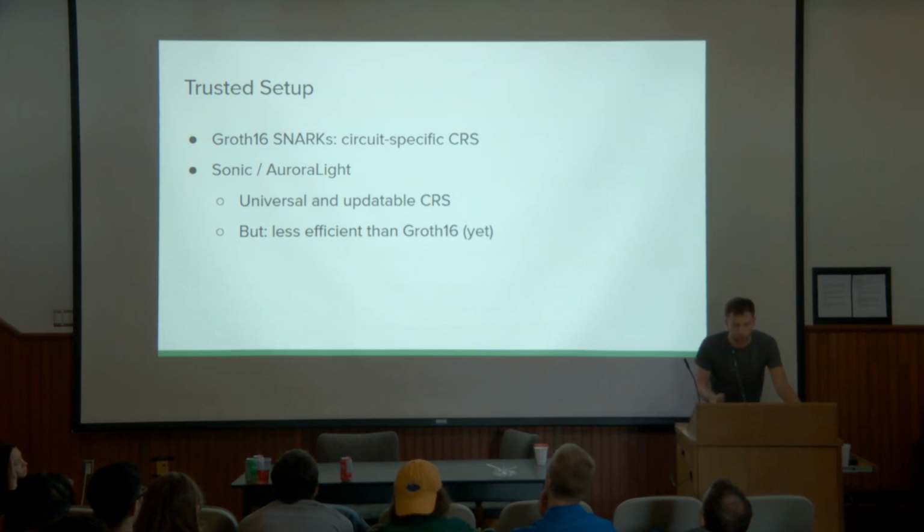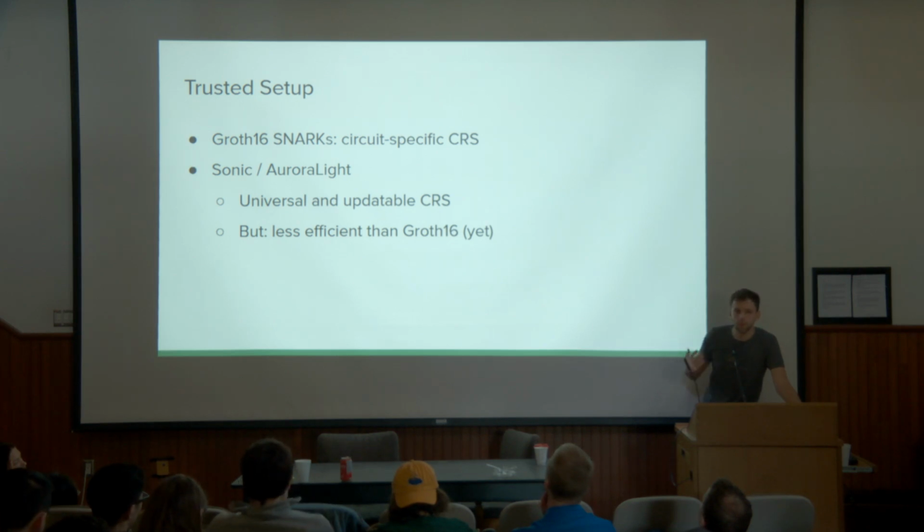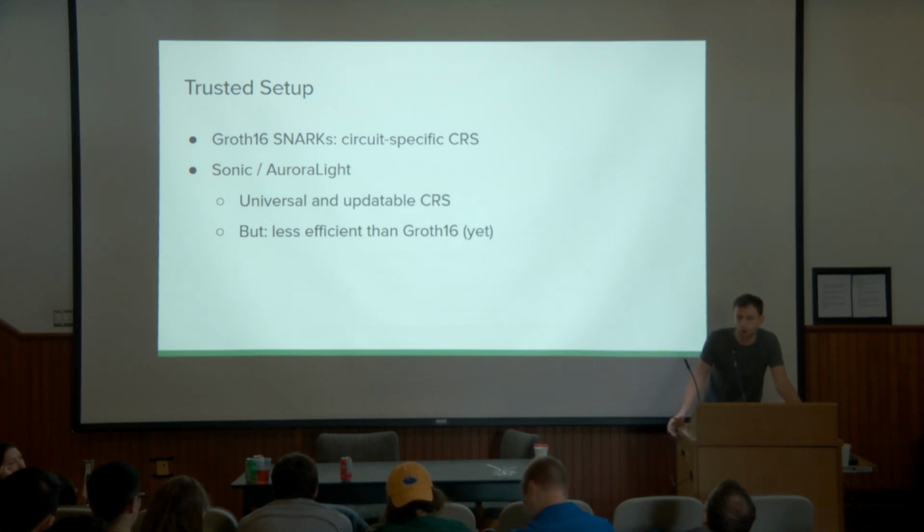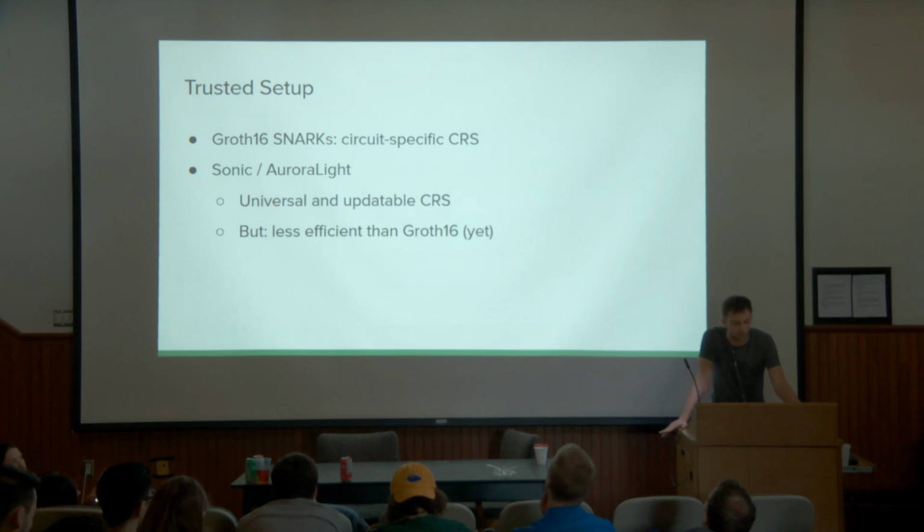So we can do a CRS, a common reference string, which is the bytecode of the setup, which means we can reuse the same trusted setup for multiple circuits up to a certain size, which would practically solve the trusted setup problem, because we can just have a lot of people participate and add their contributions over and over over a longer period of time, with thousands of people and organizations participating. Unfortunately, these proof systems are not yet as efficient as Groth 16, but we'll see what happens there.